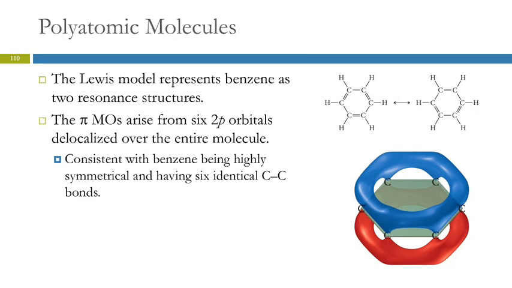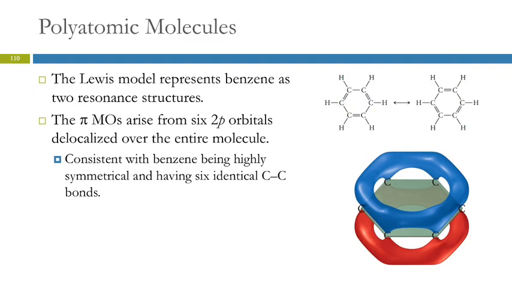Benzene is a molecule you'll run into in organic chemistry. In benzene, with Lewis theory, the best we can do is describe this as alternating single and double bonds around this 6-membered carbon ring. You can put the double bonds there, or you can put them in the other positions, and you say it's resonance between these two.